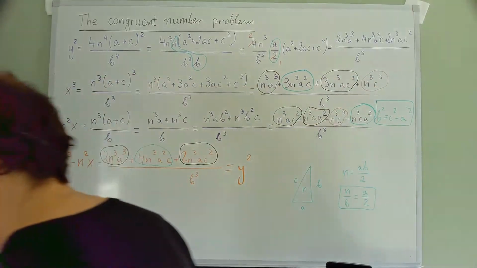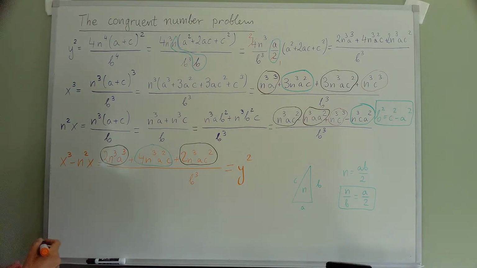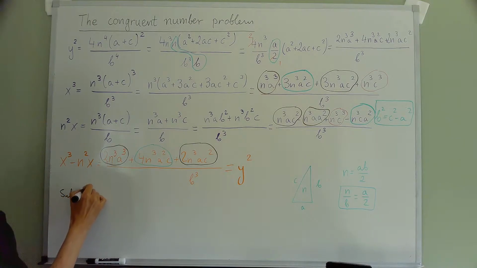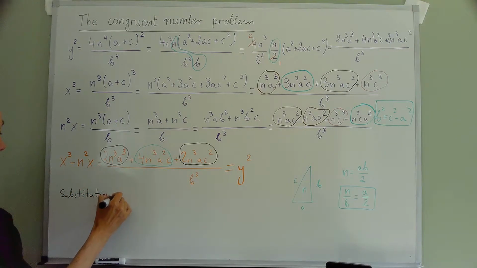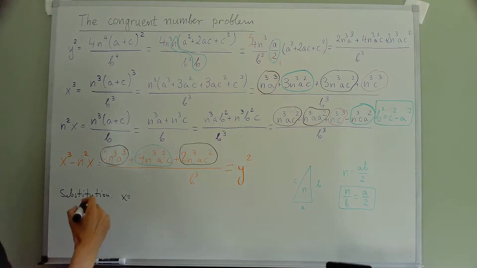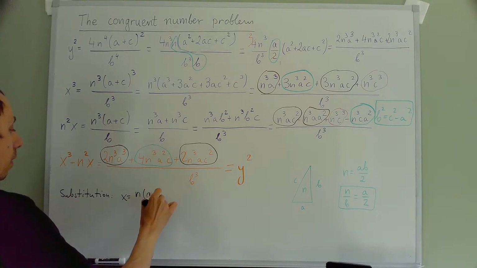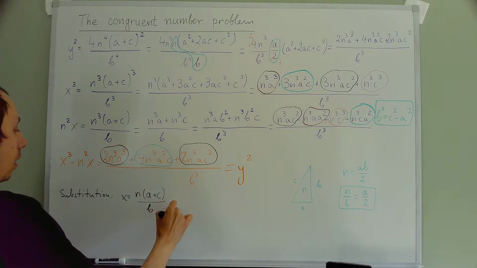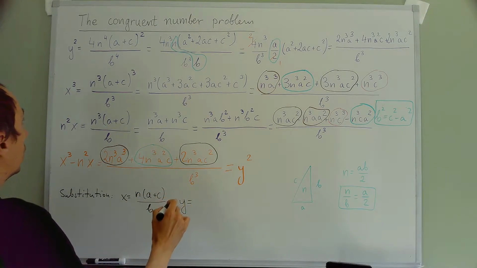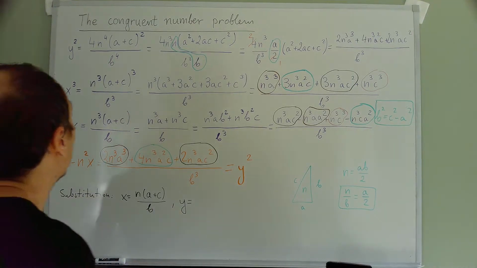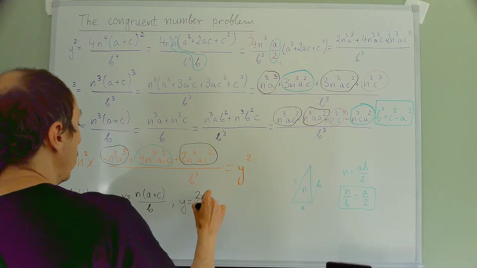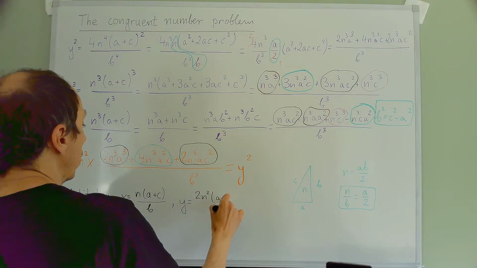So if we make that substitution, the substitution was x equal to n (a plus c) over b, and y was equal to 2 n squared (a plus c) over b squared.